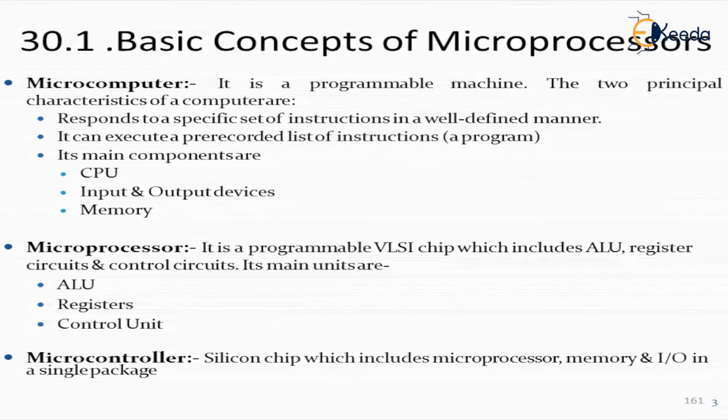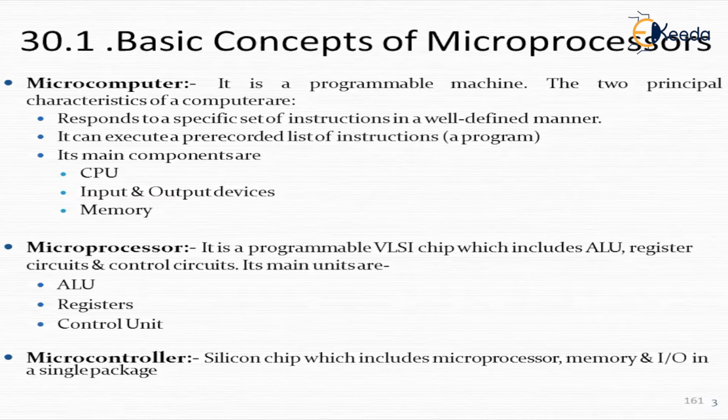Now, what are the basic components of a microcomputer? It has the CPU, input-output devices such as the keyboard, mouse, and peripheral devices, and the memory, which can be static memory and dynamic memory. Now you have the microprocessor. It is a programmable VLSI chip, meaning a very large scale integration chip, which is included onto the ALU.